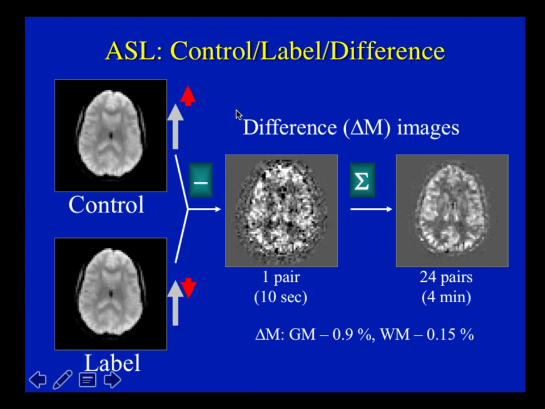Since we did not alter the blood magnetization, the signal intensity in the control image represents the sum of the tissue as well as the blood magnetization.